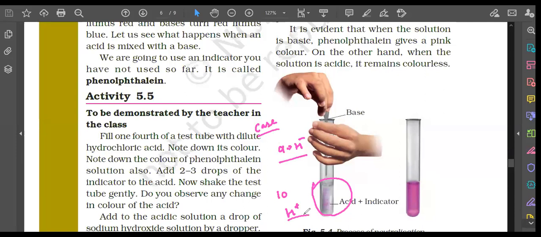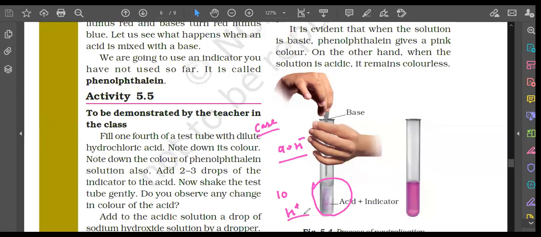Think about this. Yes, very good. In total, you have 9 OH minus and 10 H plus. So 9 OH minus will react with 9 H plus to form H2O, but you are left with 1 H plus.